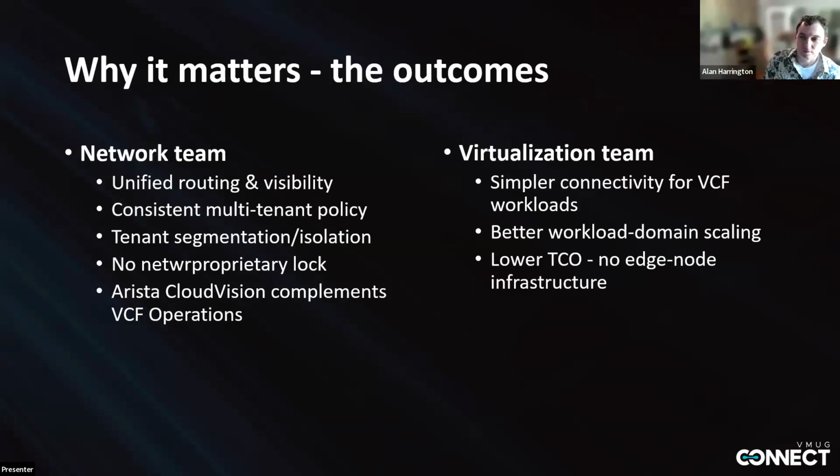Yeah, so dropping down the edge nodes and things like that means that we get to go a lot faster, right? We're not going to be oversubscribed anymore on a whole lot of the links. So we're going to have a lot better workload scaling because we're going to be able to predict what we're doing and what's happening. It's going to make our lives easier and the networking team's life harder. So depending on who you are, the connectivity options for VCF workloads certainly have expanded.